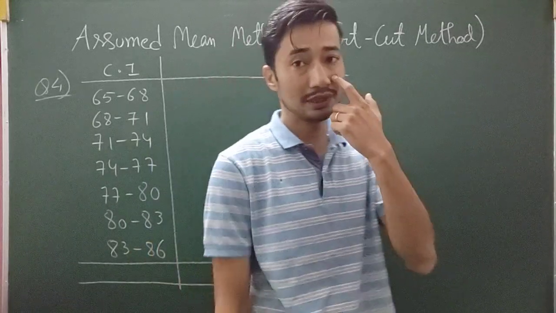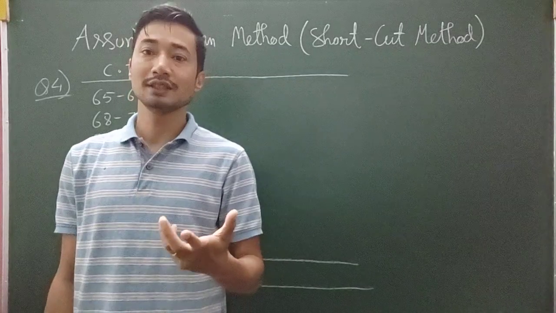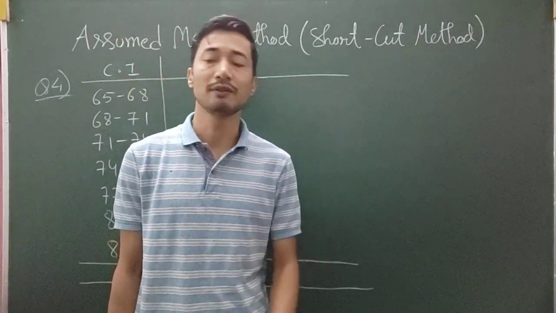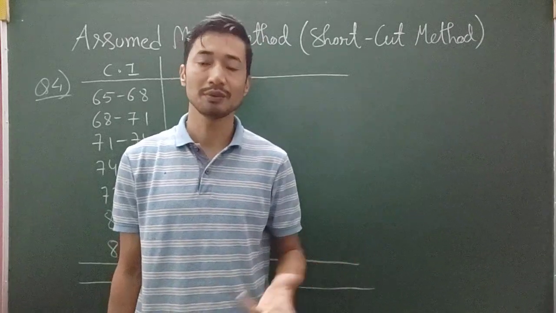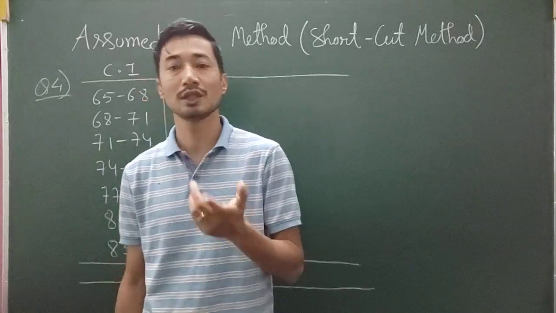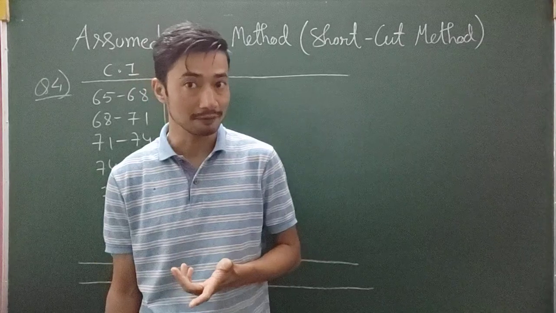Remember, last class we started with statistics, and we learned that in class 10 standard we will be learning how to find the mean for grouped data. We had three methods. The first one was the direct method, the second one was the assumed mean method, and the other one is the step deviation method.